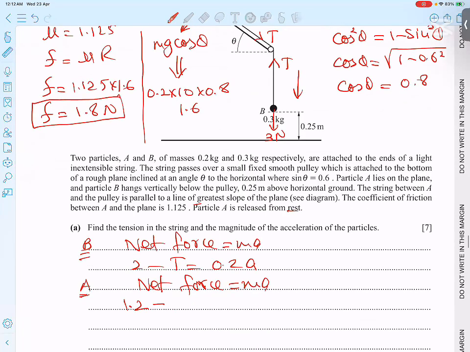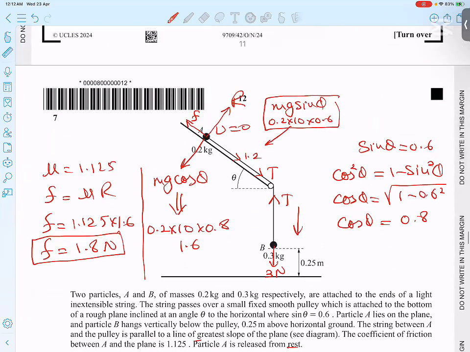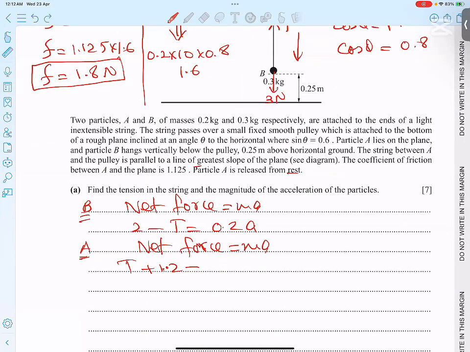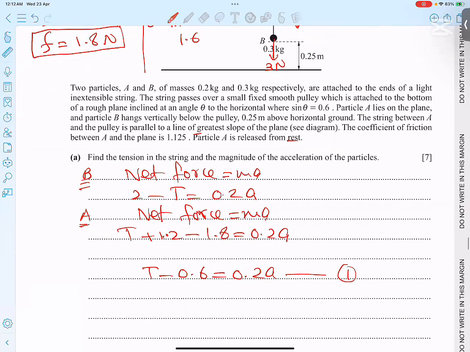Tension also adding, so tension plus 1.2 minus friction force, which is 1.8, equals mass 0.2A. If I check this one, I get T minus 0.6 equal to 0.2A. This is equation number 1.